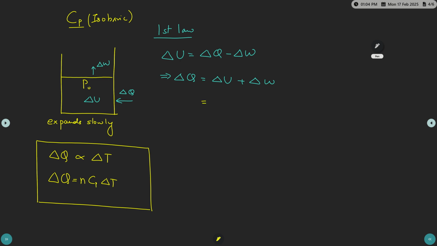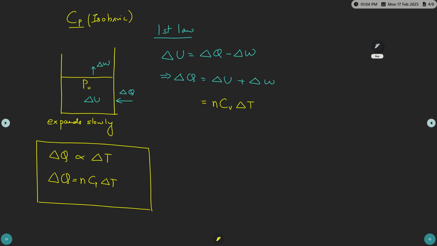So now let us plug in this formula. So what is delta U? Delta U is the change in internal energy. Don't get confused. Even though it is a constant pressure process, I can use this formula, n Cv delta T, because the change in internal energy only depends on the change in temperature.